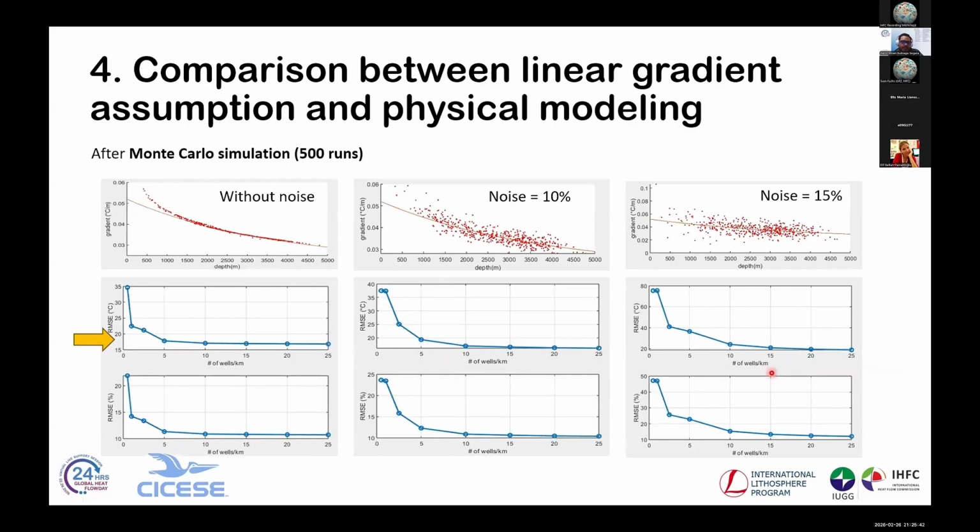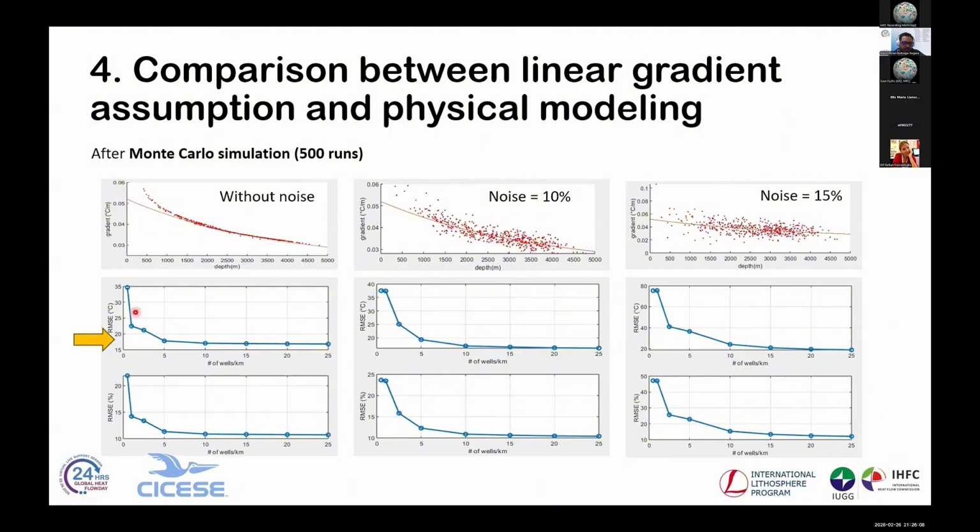Well, using the fact that the well depth is a random variable, I ran several Monte Carlo simulations in 3 scenarios: without noise in the data, considering 10% of noise, and considering 15% of noise.